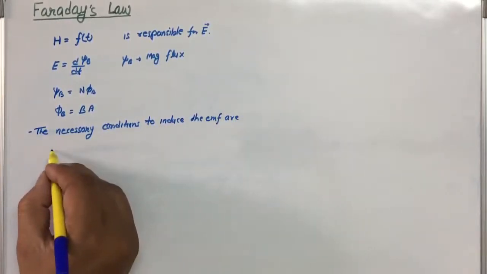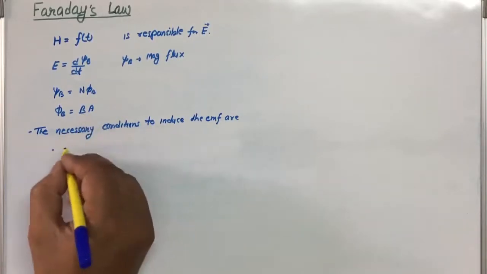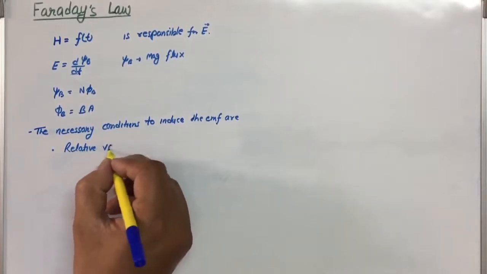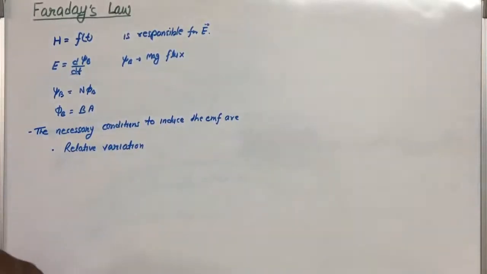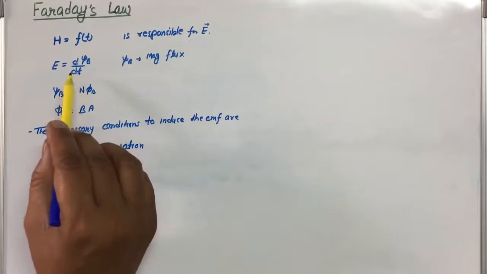The first is that the relative variation should be there, so the variation should be in space as well as in time.